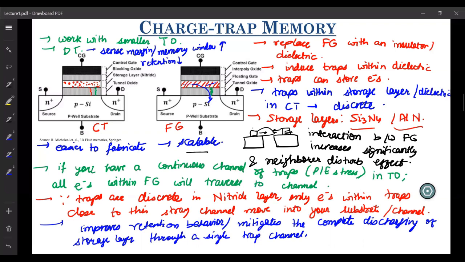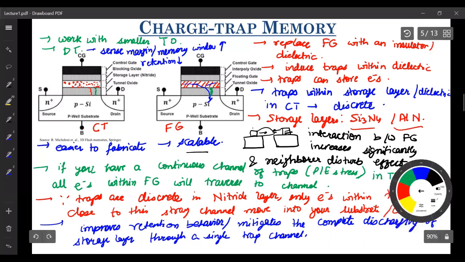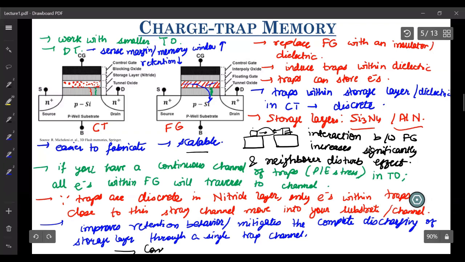So these are a few characteristics of this charge trap memory. Let me tell another thing which is really important, that this was conceptualized, let me write that as well, way back in 1967.